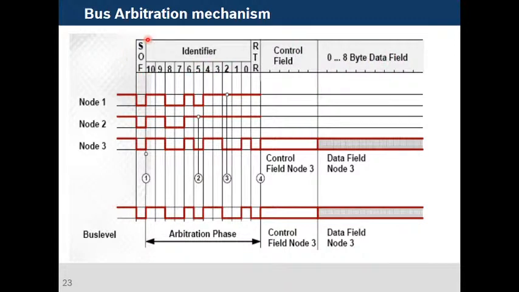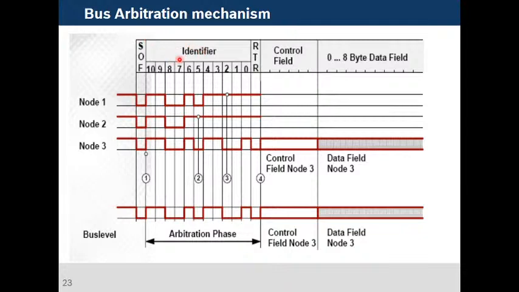Arbitration. Why does CAN have arbitration? As I already mentioned, CAN has a prioritization technique. If you want a braking system to have a higher priority, then you have to assign a lower CAN identifier.